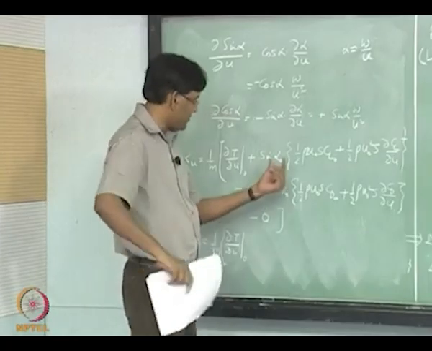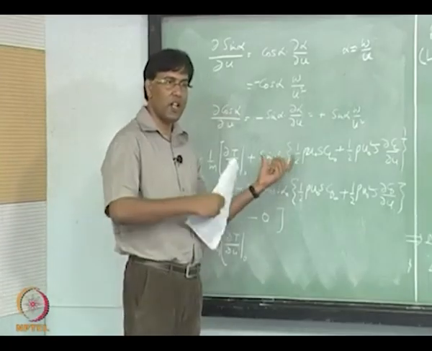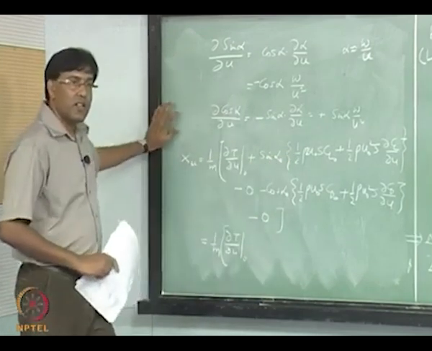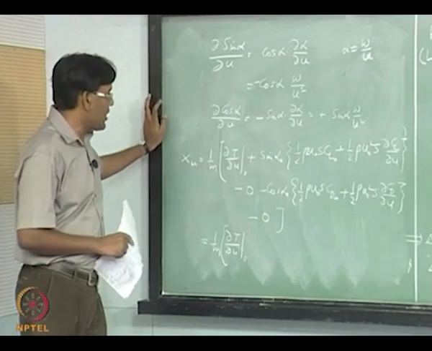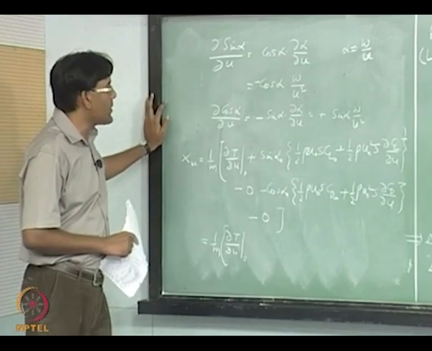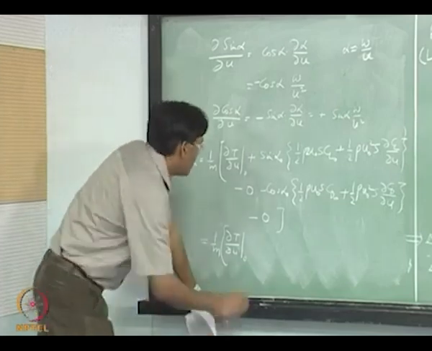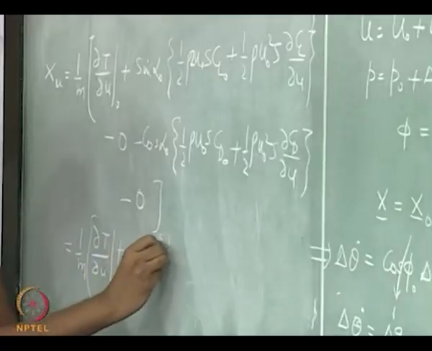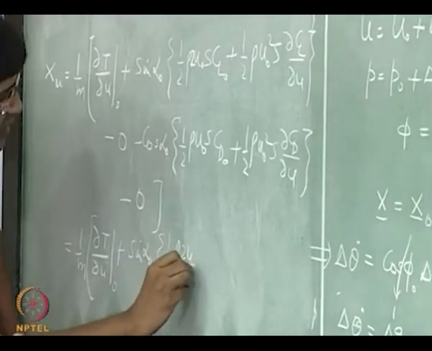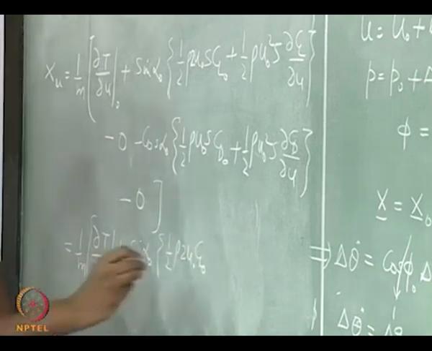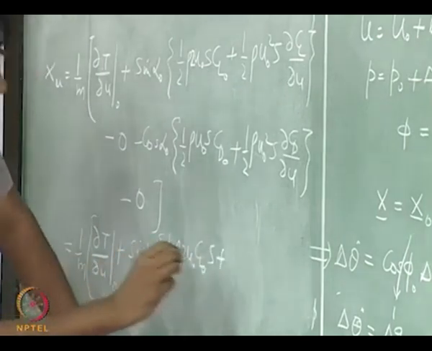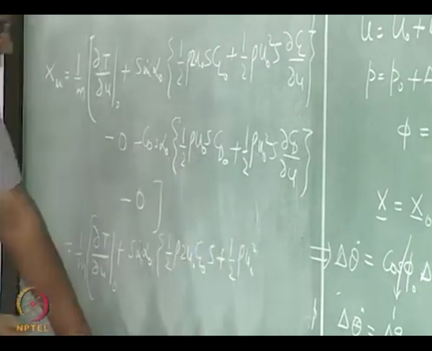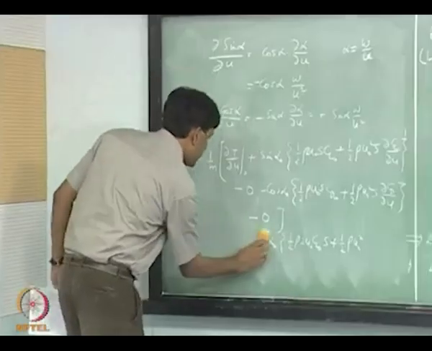Now if I say this alpha naught is 0, if you want you can keep it, okay, right. If you want you can keep it for a non-zero alpha flying condition, right. Okay, let me not rewrite this.